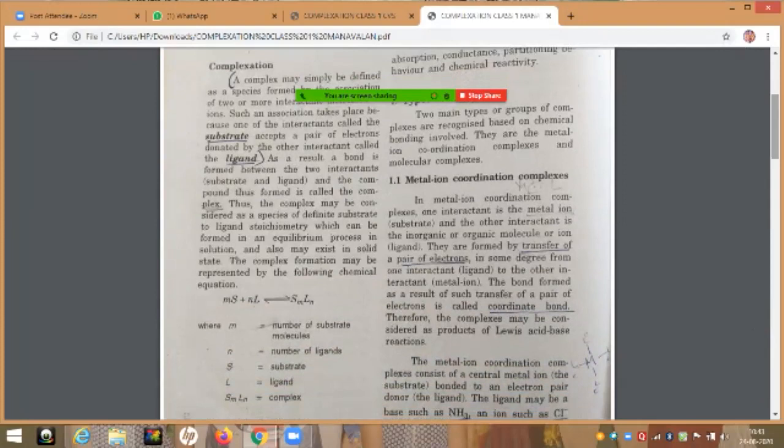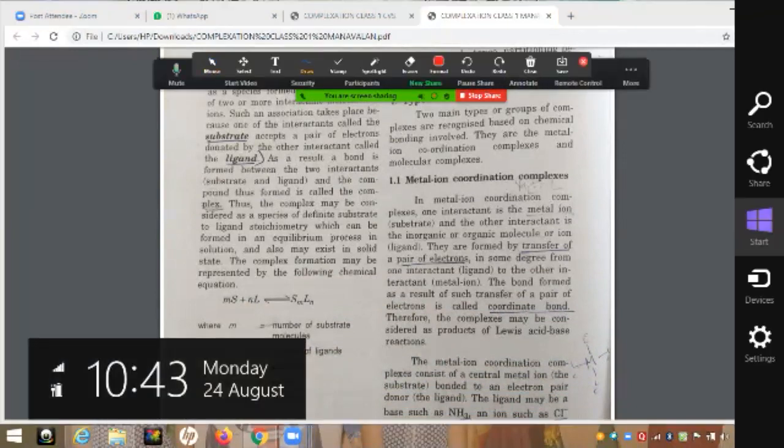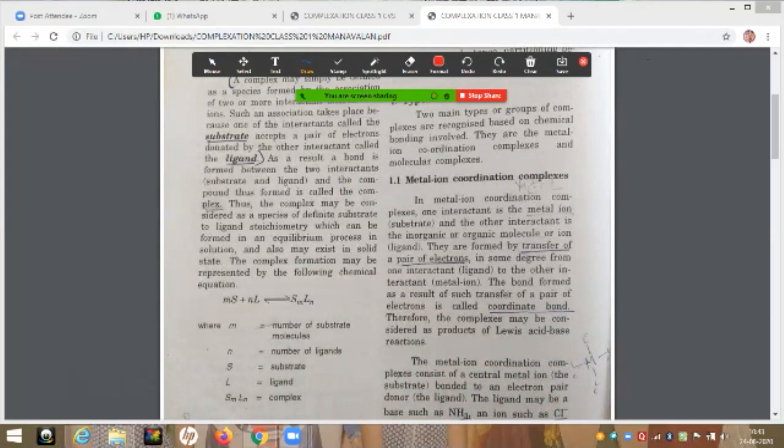Now, the same thing I'm going to represent in the form of an equation. As I told you, here complex may be considered as a species of definite substrate to ligand stoichiometry, which can be formed in an equilibrium process and can exist in the solid state.